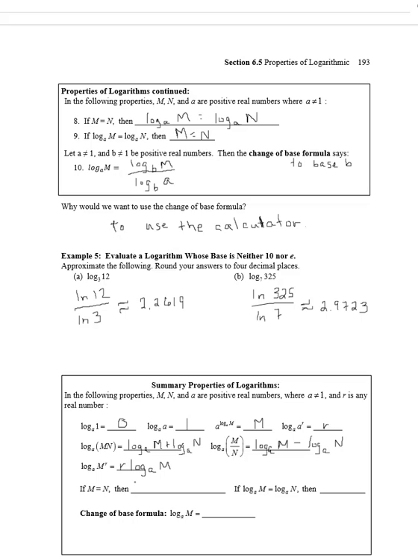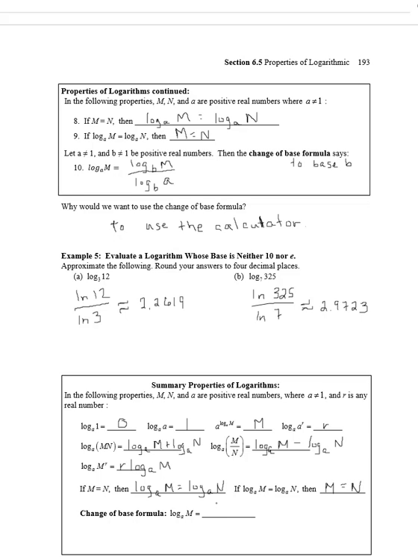If m equals n, then log base a of m equals log base a of n. And if log base a of m equals log base a of n, then m has to equal n.